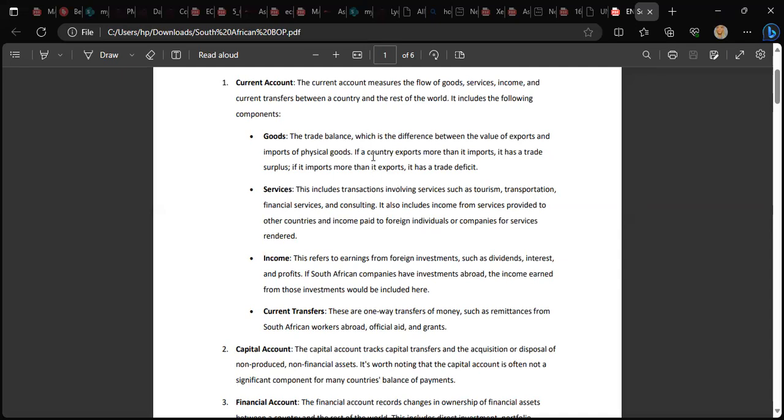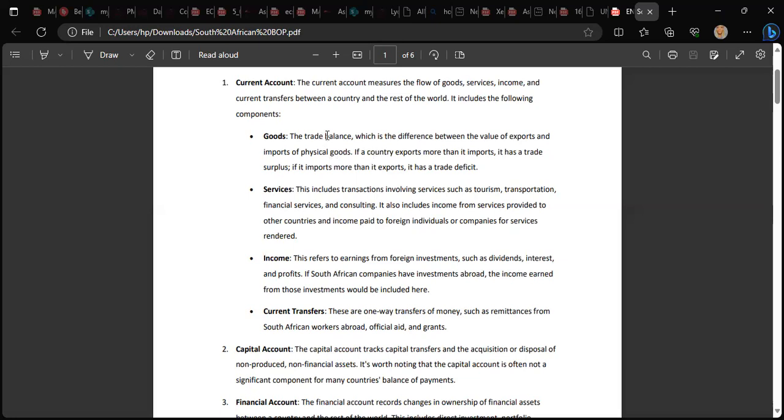If you look at the study guide, you should know that your exports minus your imports gives you your trade balance, right? With ours, the statement doesn't specifically give us a trade balance.